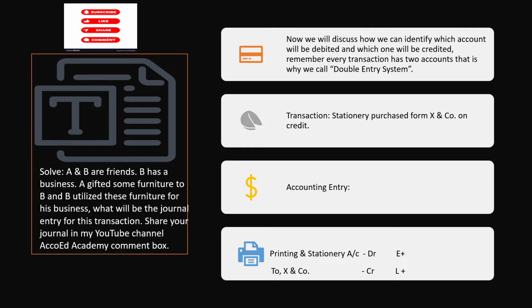Since it's a credit transaction, there will be the supplier, or the sundry creditors, involved. X and Company will be treated as your supplier, in accounting terms, sundry creditors.